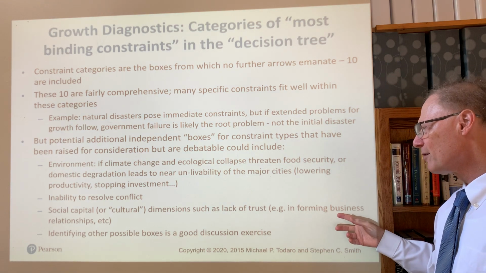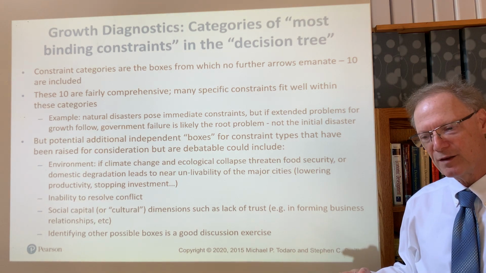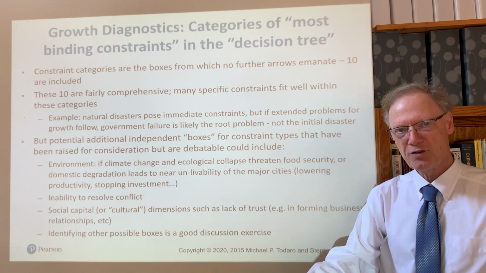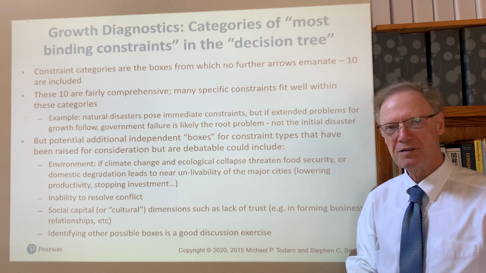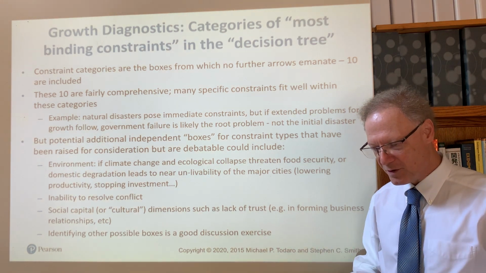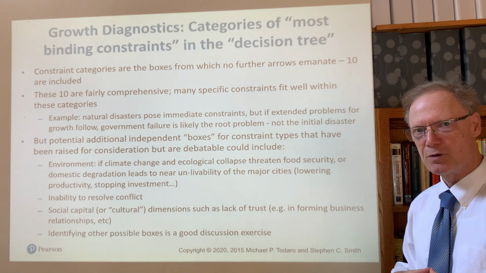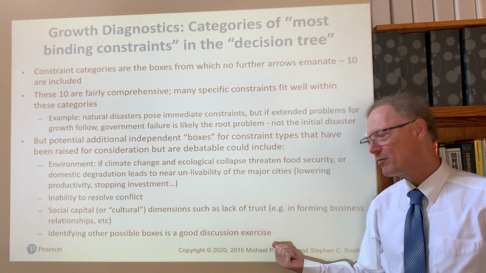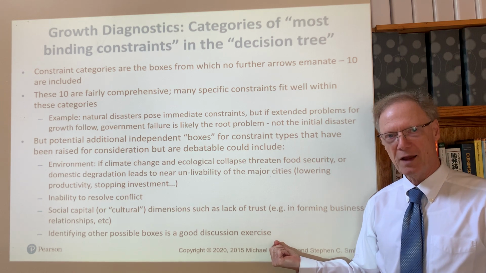And so a low level of forming businesses can be seen in places where there are norms such as saying, you should never trust anyone who is not a member of your family. Caution is advised and so on, but you can see that this lack of trust could prevent the creation of many potential business partnerships that could indeed prove highly productive. So identifying other possible missing boxes is a good discussion exercise.